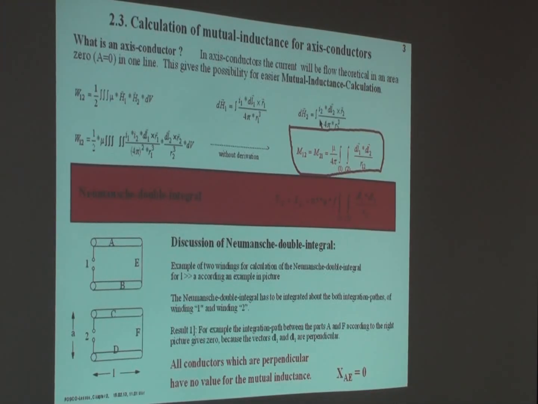What's the sign of AC? Plus. What's the sign of AD? Minus. Why is AD minus? You have to look at the current. If the current is flowing in this direction, you have the opposite direction. Opposite direction gives minus mutual reactance.